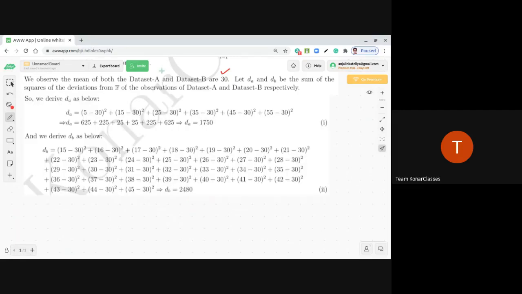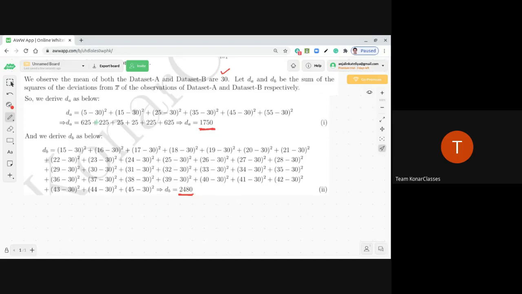We compute the value of dA equal to 1750, and the value of dB equal to 2480. And how you compute that is very simple. All these values are subtracted from the mean, that is 30, and then we take the square, and after that we add all these numbers.